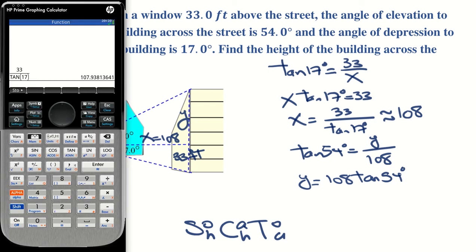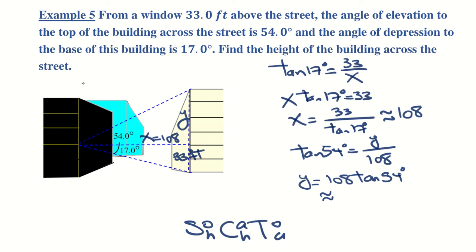So 108 times the tangent of 54 degrees. So we get approximately 149. And the height of the building is that whole thing. So if we call that h for height, h is going to be y plus 33, right?